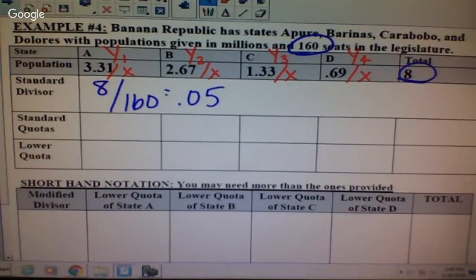And then take some time, fill in your standard quotas, and get me your lower quotas from your table. For the standard quota, are we supposed to put the decimal and all? The standard quotas should always have the decimals. The lower quotas, the upper quotas, for normal rounding should not.